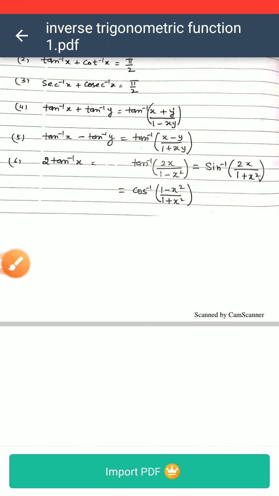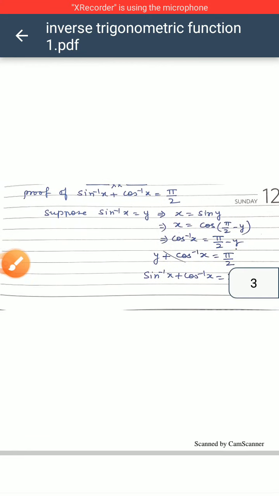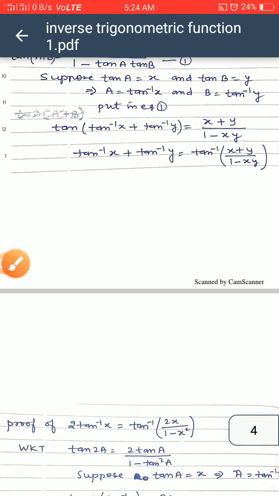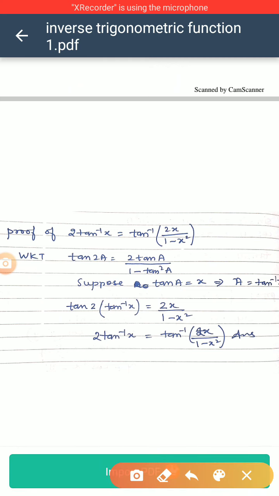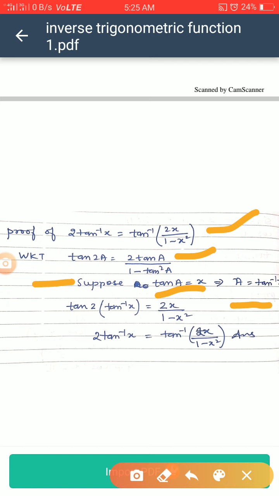Okay. Next I will prove the formula 2 tan inverse x equal to tan inverse 2x upon 1 minus x square. I will use the formula tan 2a equal to 2 tan a upon 1 minus tan square a. So here you suppose tan a equal to x. From here we get a equal to tan inverse x.